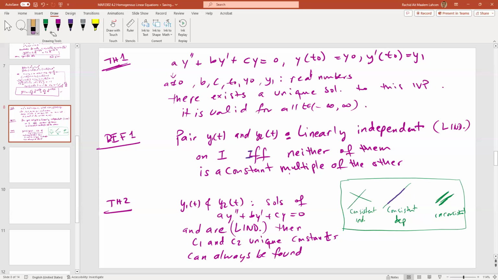So that's another nice theorem, because once the theorem says it, then it's a fact, right?